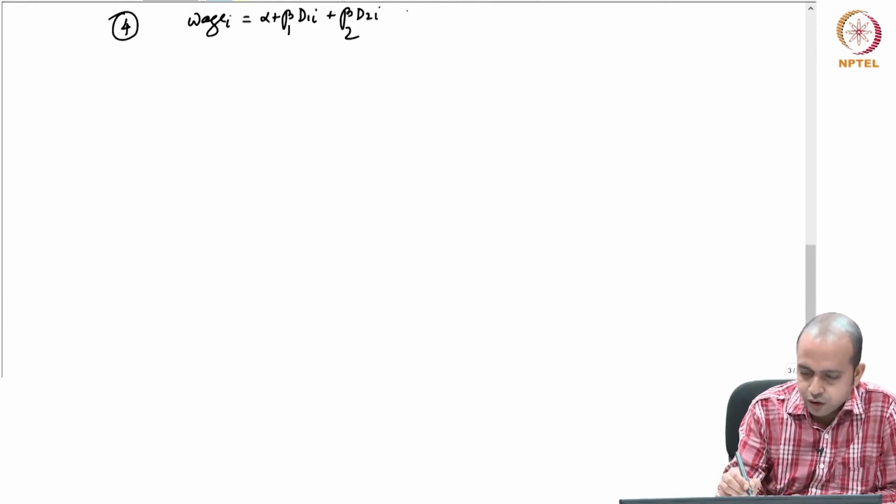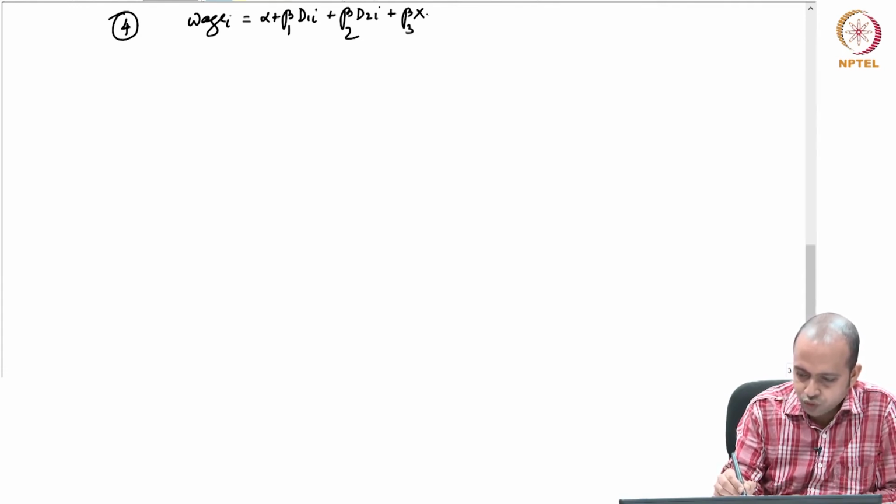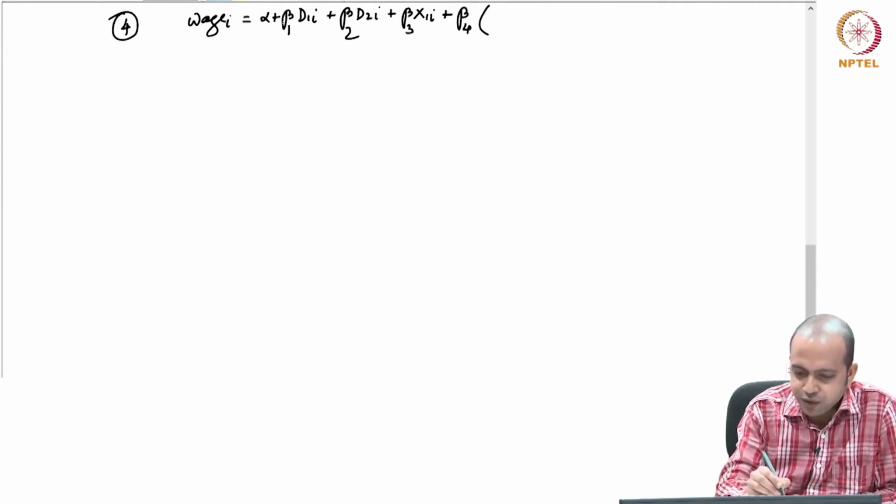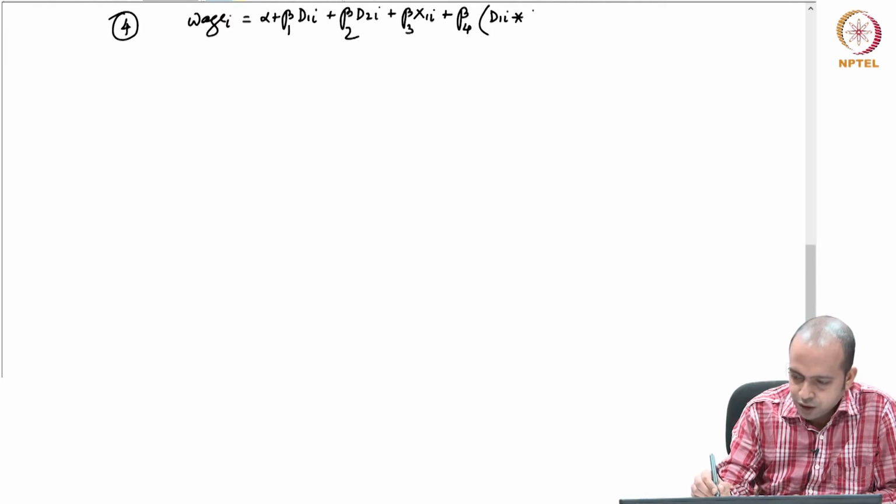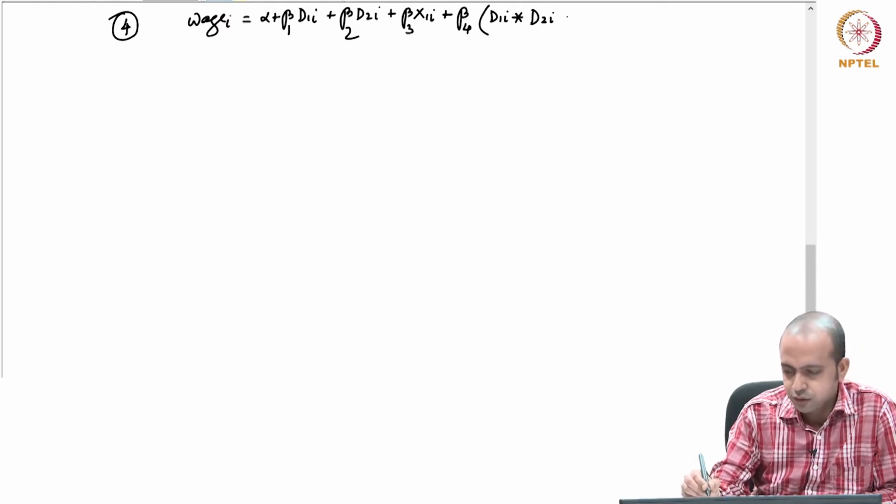d2i plus beta 3 education, which I am denoting by x1i, plus beta 4, where I am interacting these two, that means d1i multiplied by d2i, plus ui.